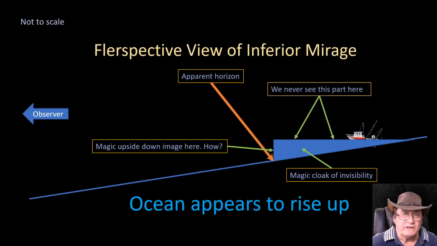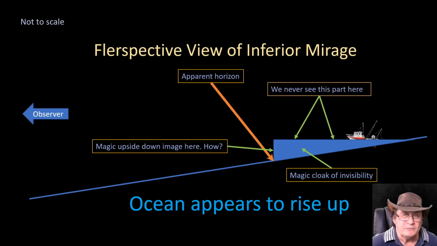Now I tried to model the flat Earth perspective view of the inferior mirage. I really didn't know what to do, so I tried a couple of things. So there's supposed to be this magic cloak of invisibility that somehow forms because, according to Flatzoid and others, something goes into the inferior mirage apparently.